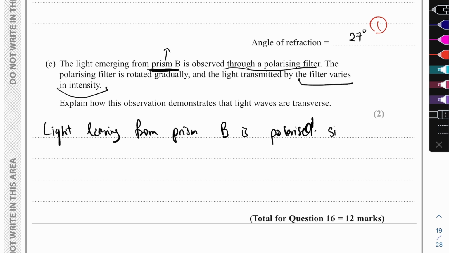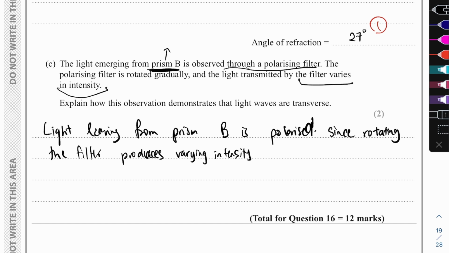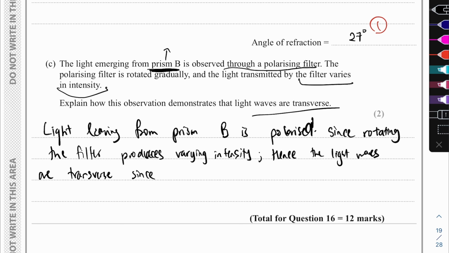Since rotating the filter produces varying intensity, this means that, hence, the light waves are, and then we'd say the obvious, transverse, since only these types of waves can be polarized.